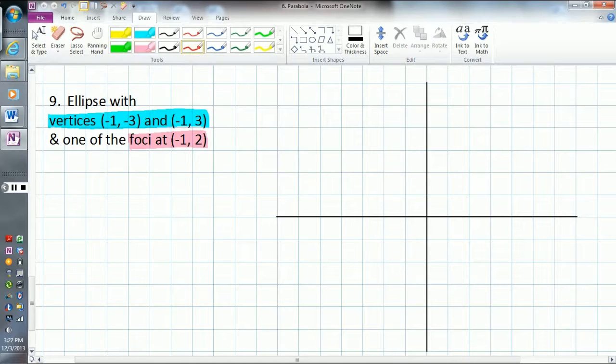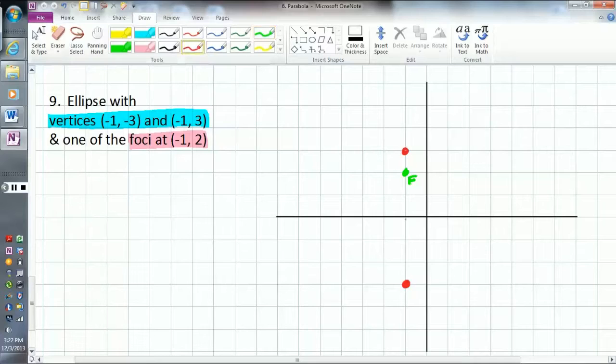So let's sketch the situation, see what we're looking at here. (-1, -3) puts a vertex here. (-1, 3) puts a vertex here. I have a focus at (-1, 2). I'm going to notate that that's a focus by drawing a little F.